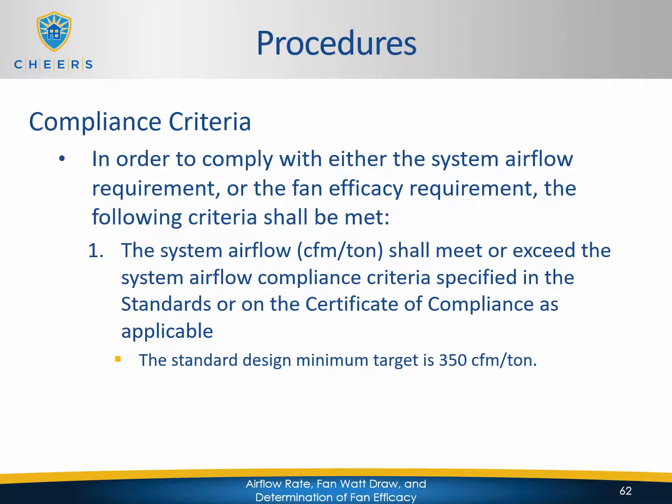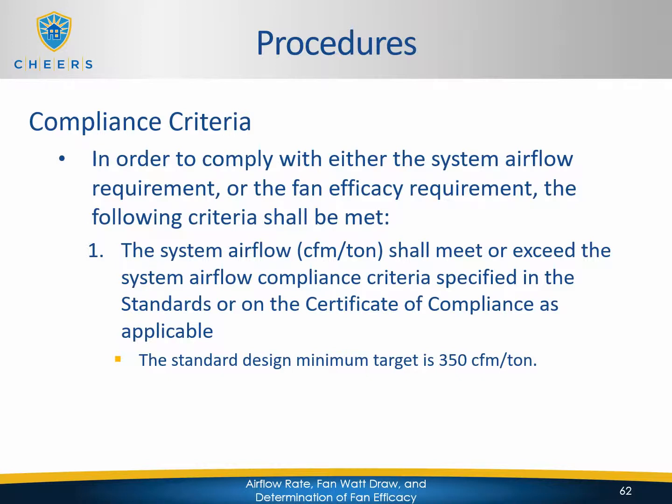In order to comply with either the system airflow requirement or the fan efficacy requirement, the following criteria shall be met. Number 1, the system airflow, or CFM per ton, shall meet or exceed the system airflow compliance criteria that's specified in either the standards as a prescriptive requirement or on the certificate of compliance as applicable. So the certificate of compliance is the CF1R.